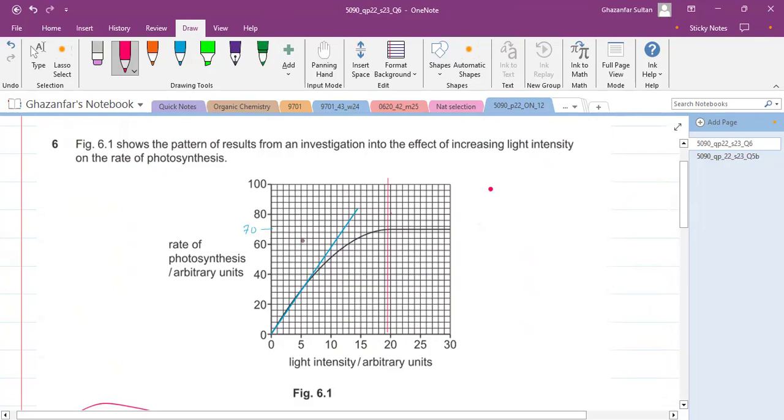So initially, as the concentration of carbon dioxide was increased, see here, if carbon dioxide is one of the factors, because all the other parameters are the same, only the carbon dioxide is different.